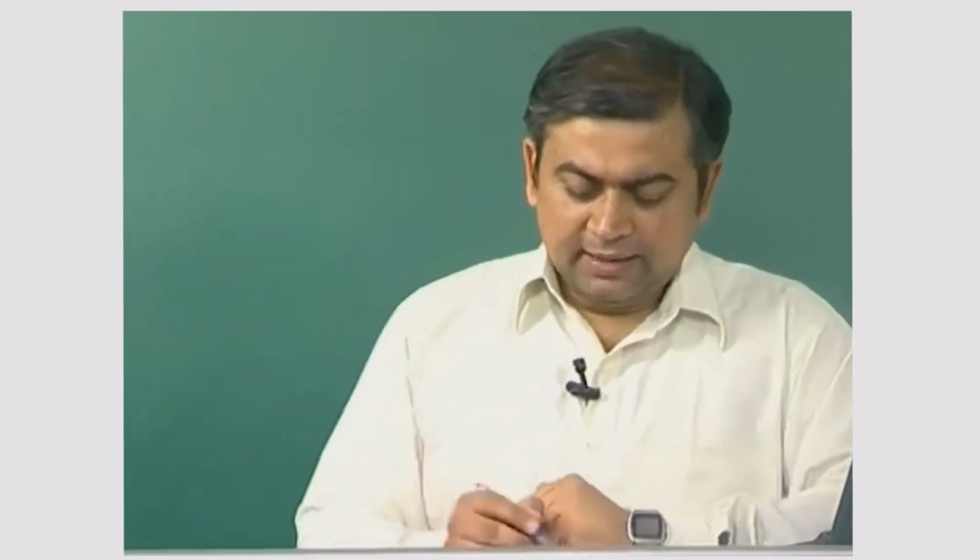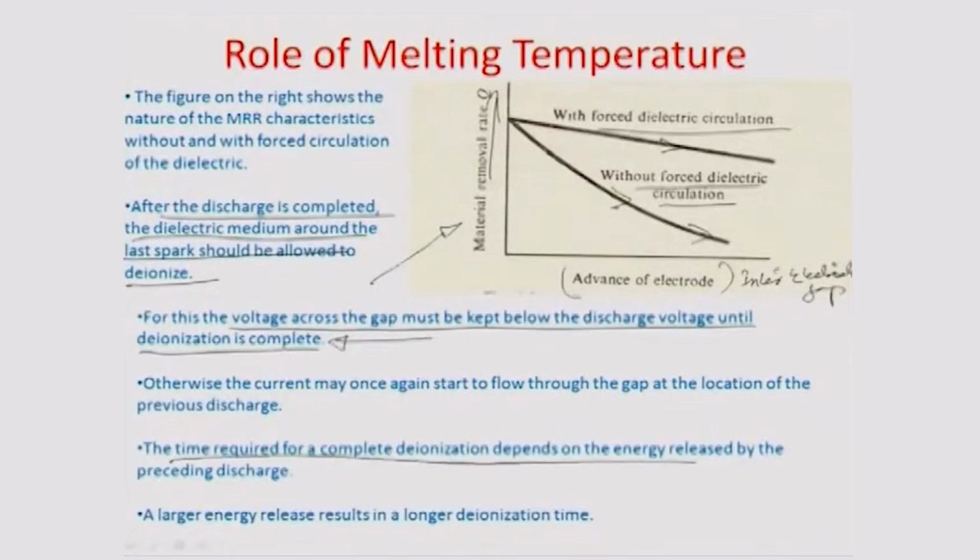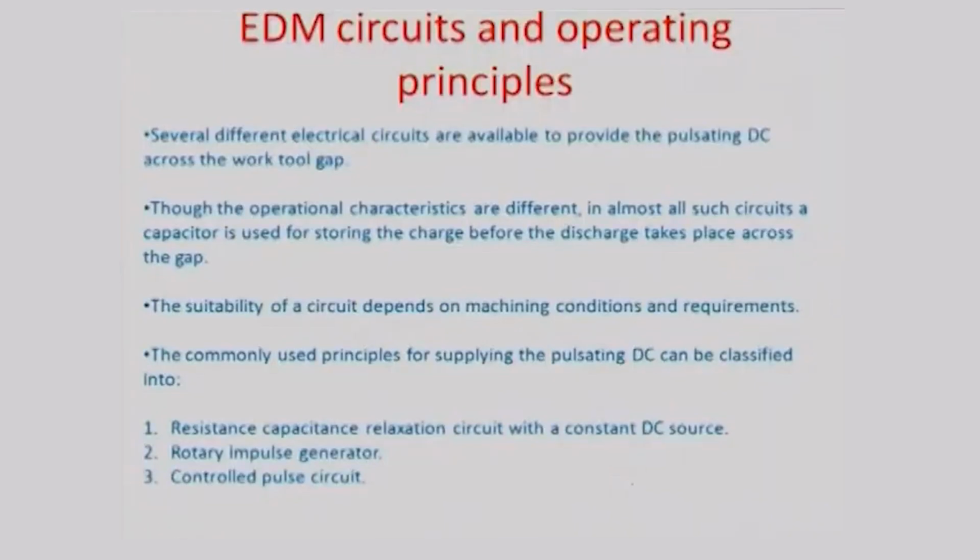So, therefore, the time required for complete deionization depends on the energy released by the preceding discharge, and if the discharge were larger in terms of energy, a longer deionization time would be needed, and with forced circulation this would go down further and further. So, that is what the role of melting temperature would be.